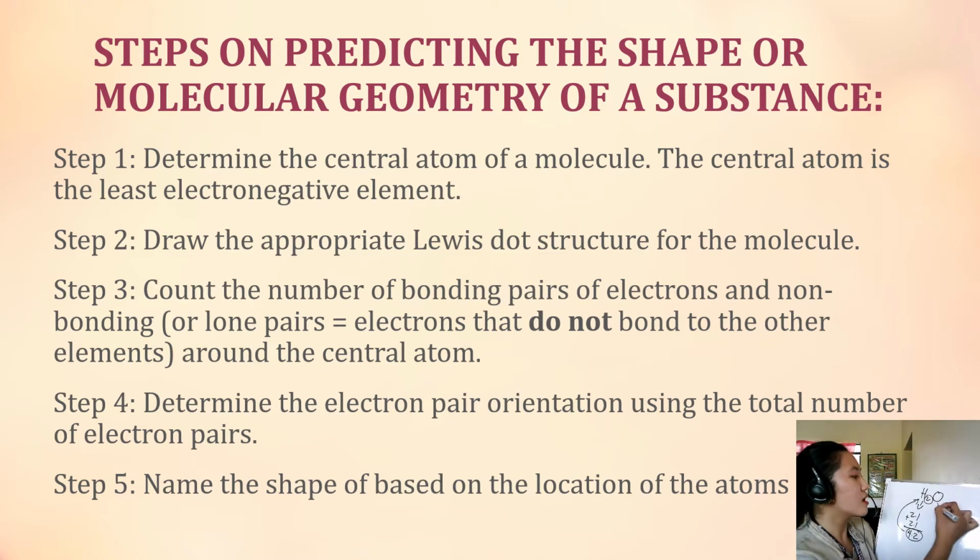Next naman is we will get the electronegativity value of oxygen. So oxygen has an electronegativity value of 3.5. Okay? So nandito yan sa periodic table of elements ninyo. Okay? So 3.5 yung electronegativity value ng oxygen.